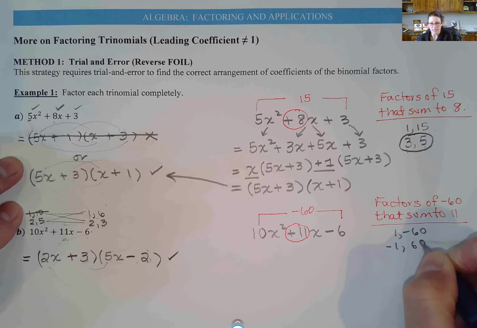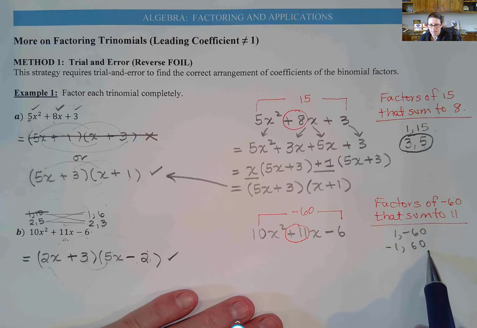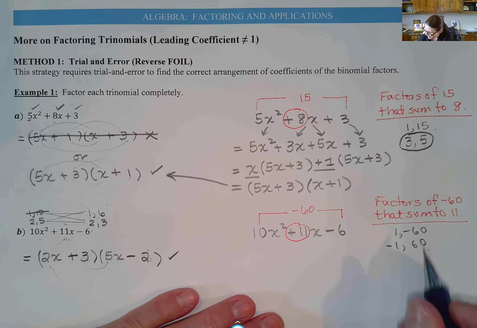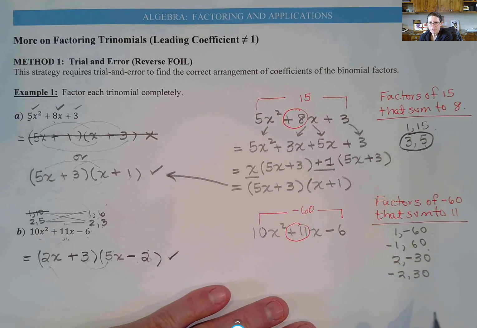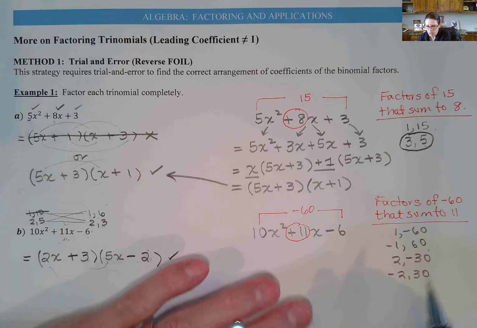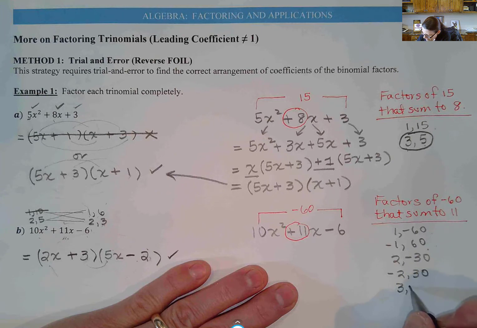What about 2 and negative 30? No. Negative 2, positive 30. No, these factors are too far apart, but we're getting closer. How about 3 and negative 20, negative 3, positive 20? Nope. 4, negative 15, here we go.